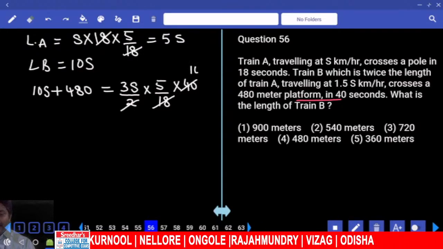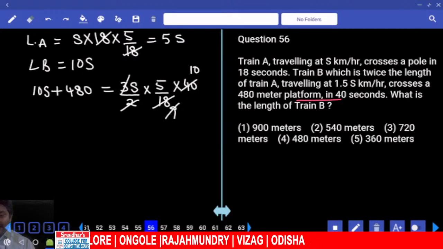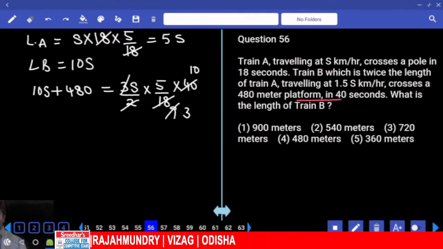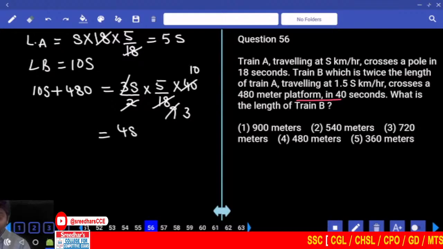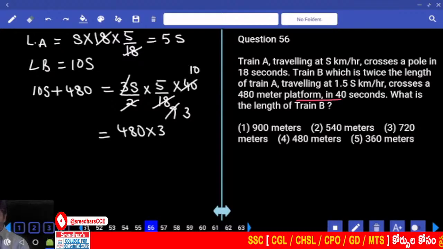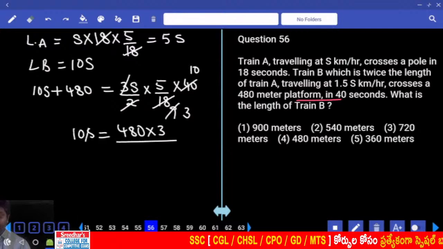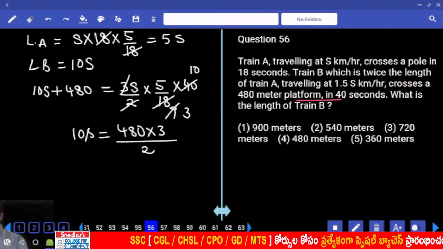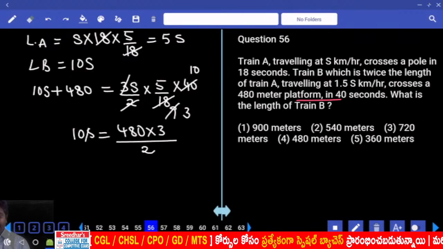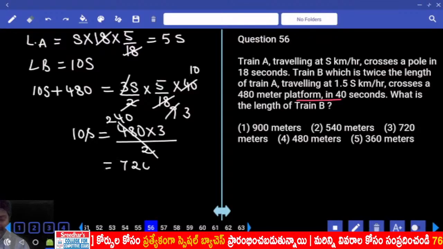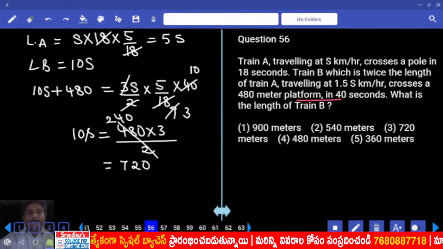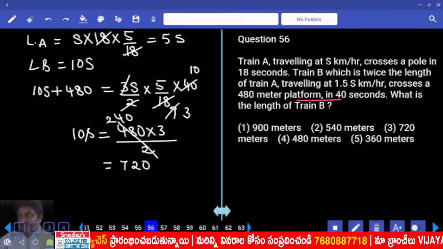Again 2, 10 times. 9 times. 3, 3 times. 3 comes to this side. 30S, 50S. 20S is equal to 480 into 3. 10S is going to be divided by 2. Question is about length of train B, which is 10S. 240 times 3, 720. Is it clear?